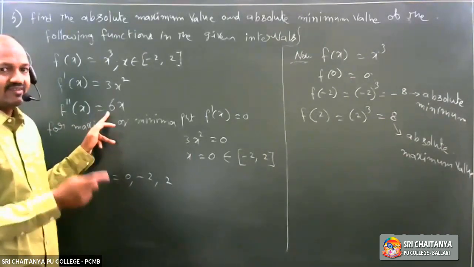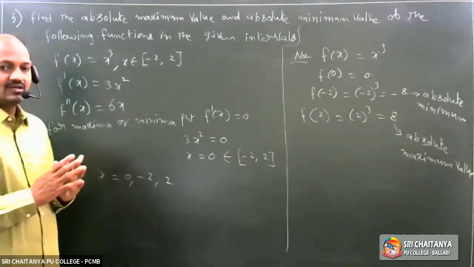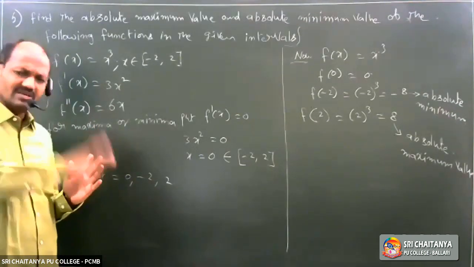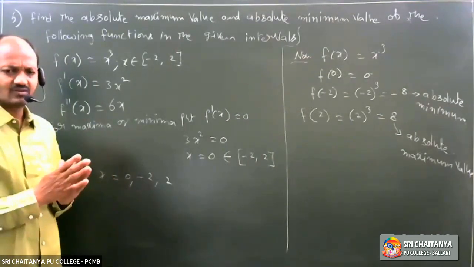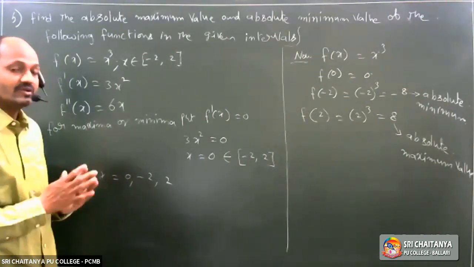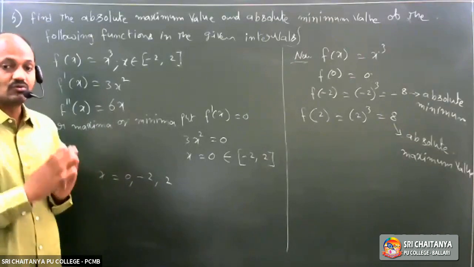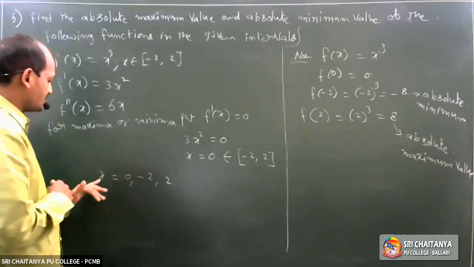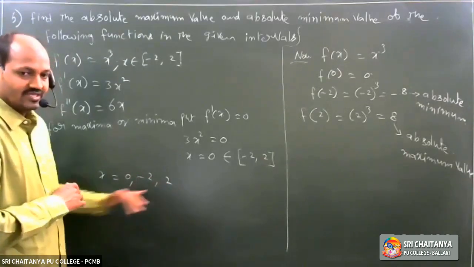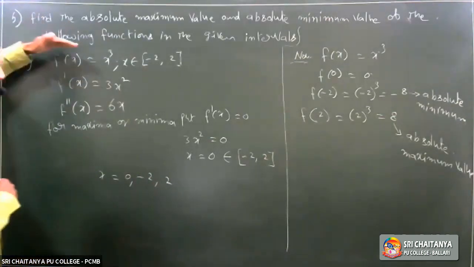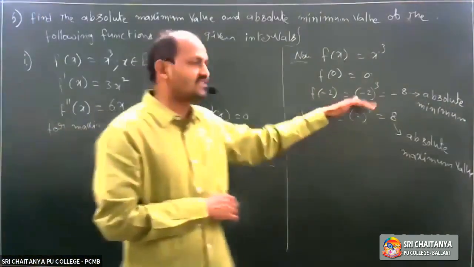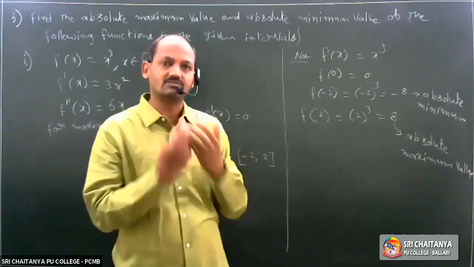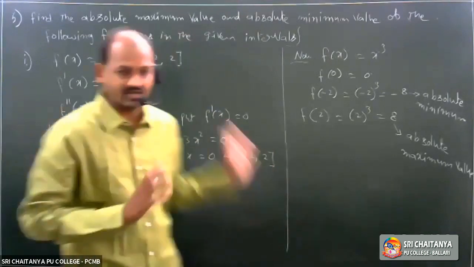Second order derivative is minus 12, it is a maxima, local maxima. Okay? But here for absolute minima or absolute maxima, don't substitute those values in second order derivative. So x equal to 0, minus 2, plus 2, these values substitute directly in the given function. Which one is least? That is absolute minima. Which one is maximum? It is absolute maximum. Okay? Ready.